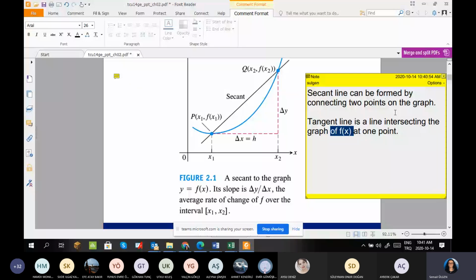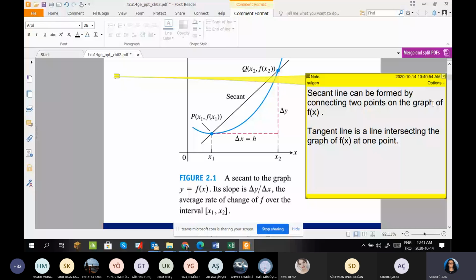In other words, we are going to write a note on the rate of change. Let's go back to the previous page.